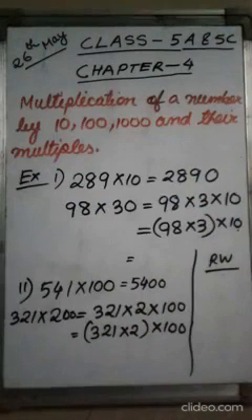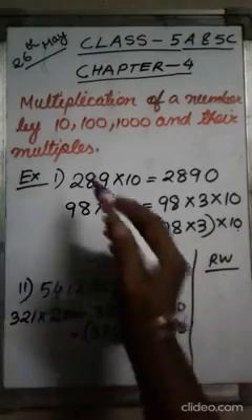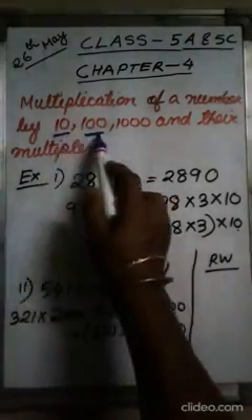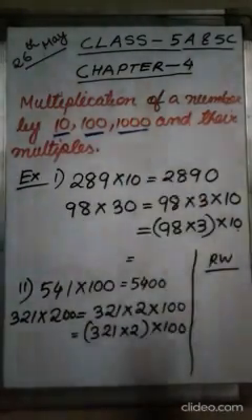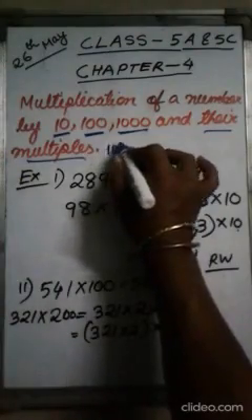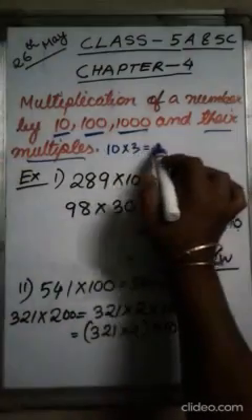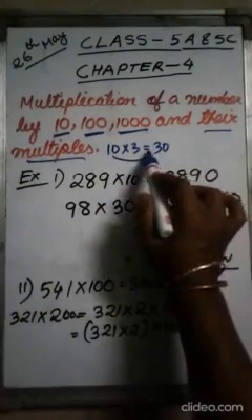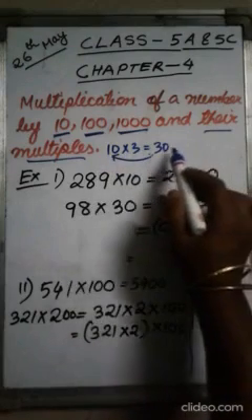Next we shall check multiplication of a number by 10, 100 and 1000 and their multiples. Suppose we have to multiply any number by 10, 100 and 1000 and their multiples. Multiples means 10 into 3, that is 30, a multiple of 10.